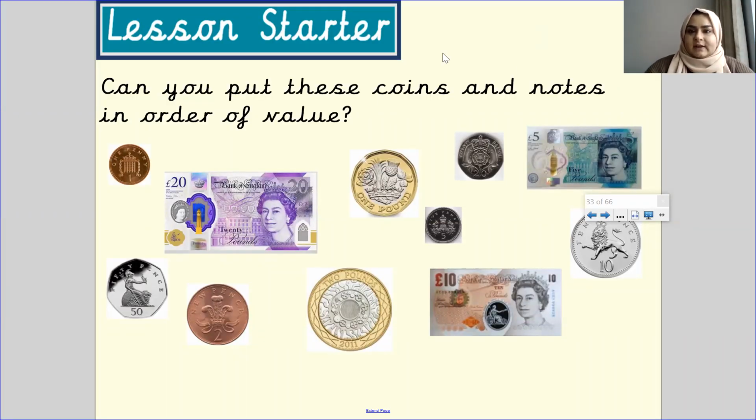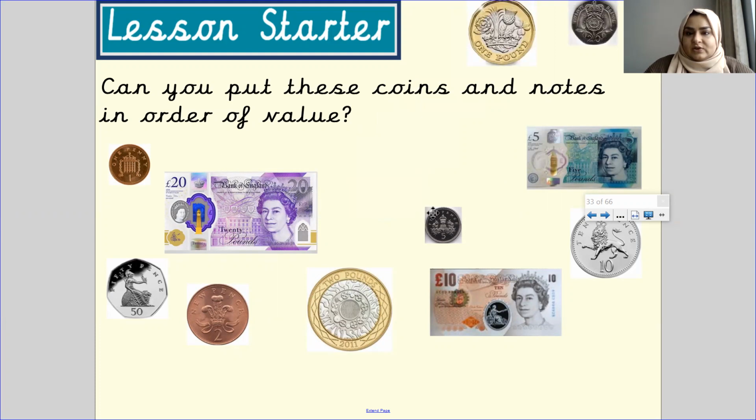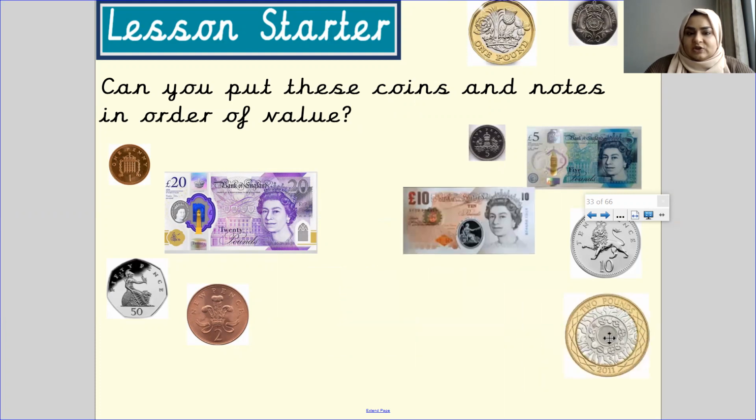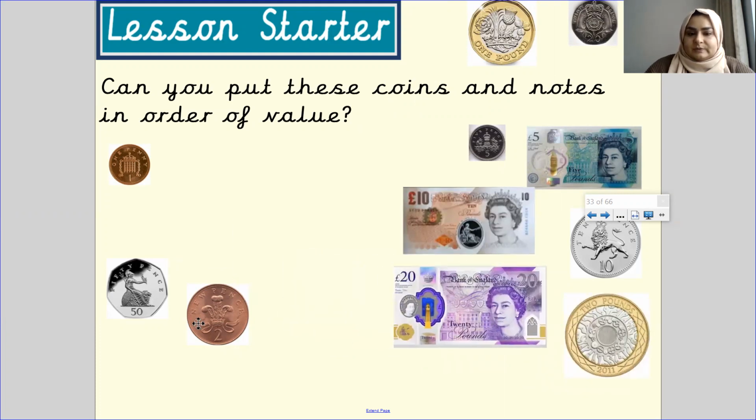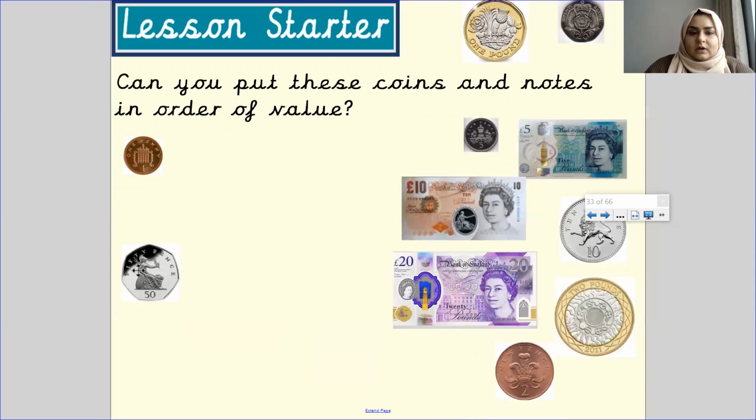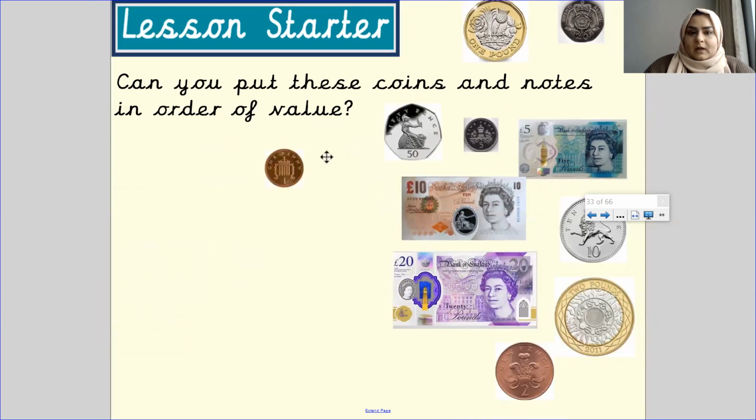So fantastic. Now what we're going to do is put these coins and these notes in the correct order. I am just going to move everything along so we have space to place them. Let's put it in order from smallest to biggest.